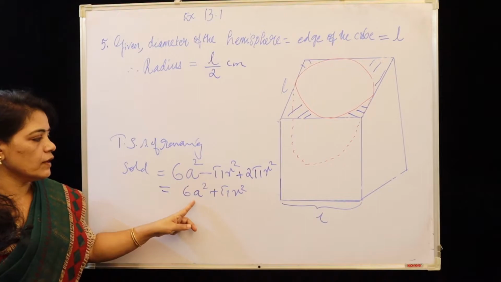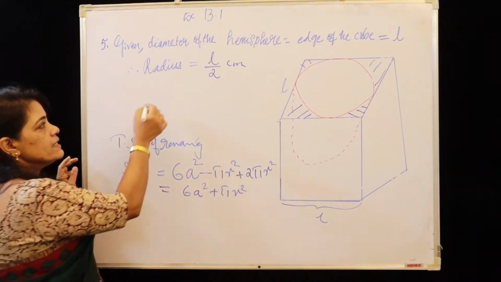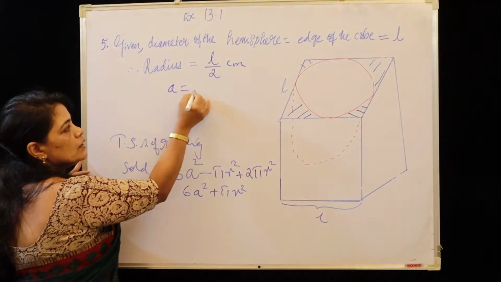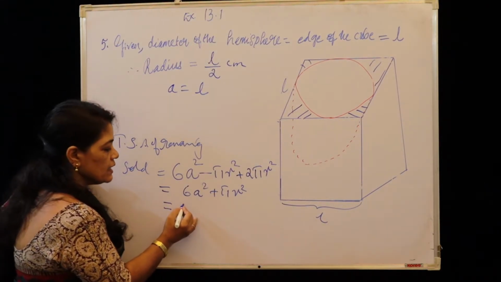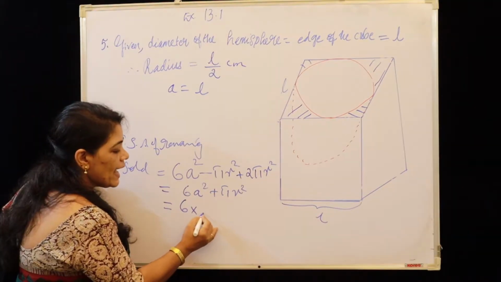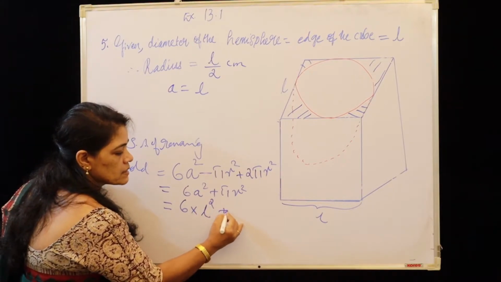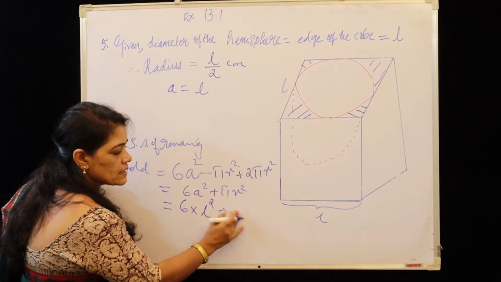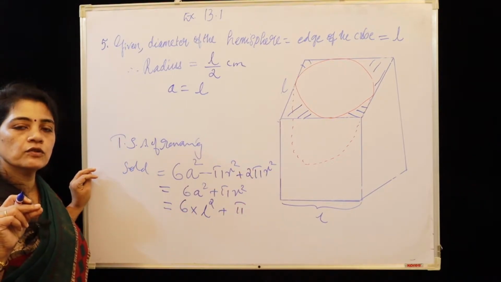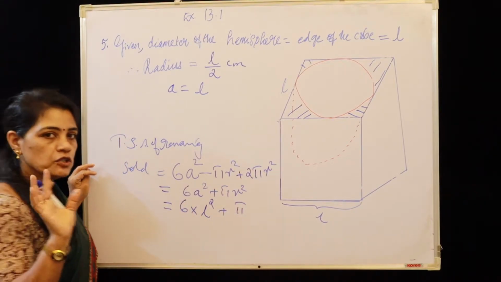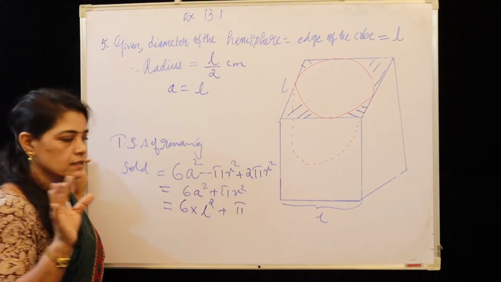We substitute that, and the edge a equals L. The next part is just substitution. We can keep pi as it is; we are getting the answer in terms of pi, so no need to substitute pi as 22 by 7.